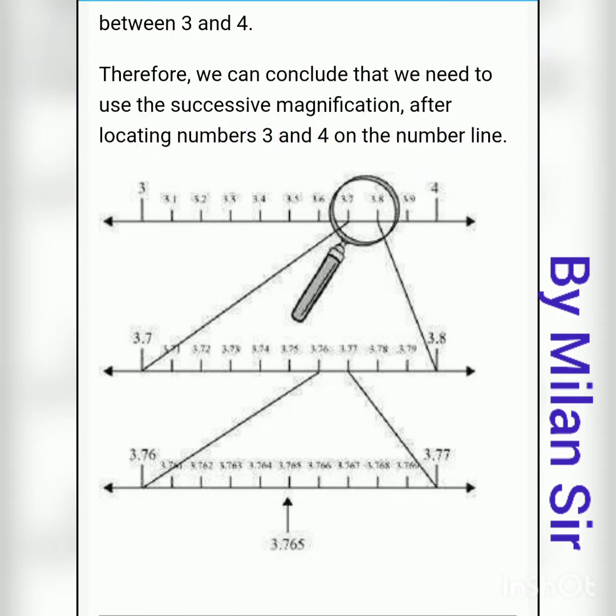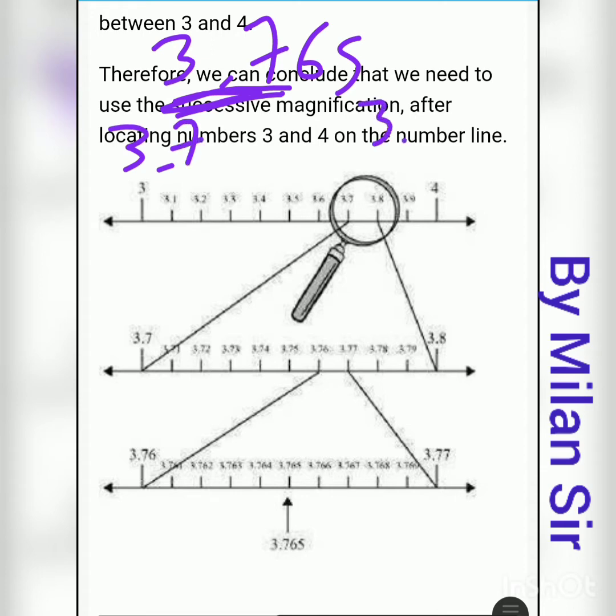Now, what is our number? 3.765. First of all, this number lies between 3 and 4. Now if we move forward, here we have 3.7, right? That means this number lies between 3.7 and 3.8, since it is more than 3.7.